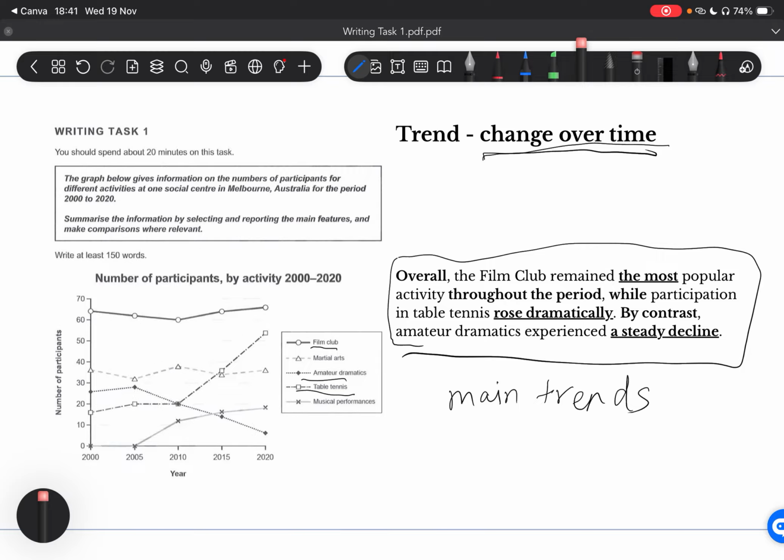Well, it's okay. You may actually describe the other trends, like all trends as well, but it would be too much to write. 5 lines, imagine. So it is important that you can select your main features properly.